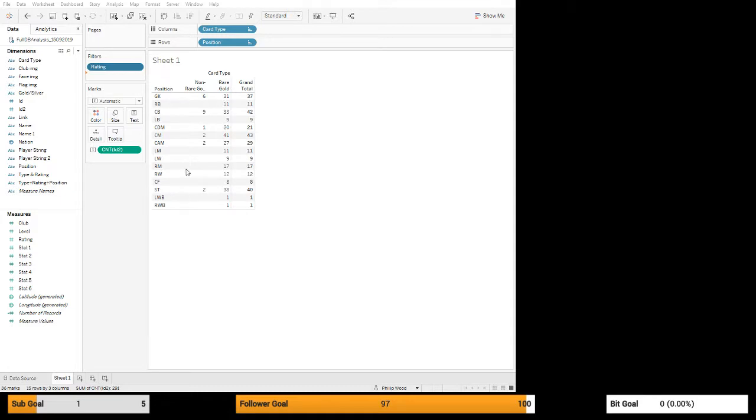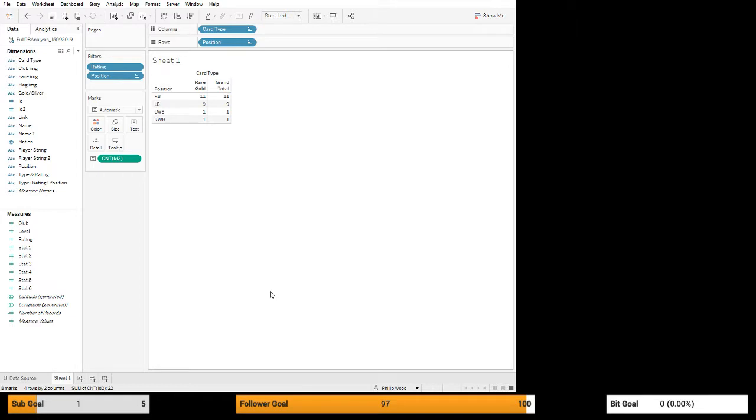Actually, let's just look at the right back, left back combos. So rated from, was it 81 to 84? You've got 11 right backs, 12 right backs, and 9 left backs. So probably the best investment could be left backs in that sense, depending on nations as well.